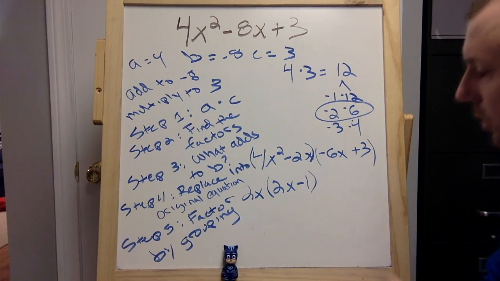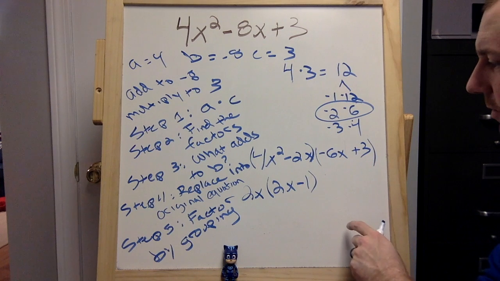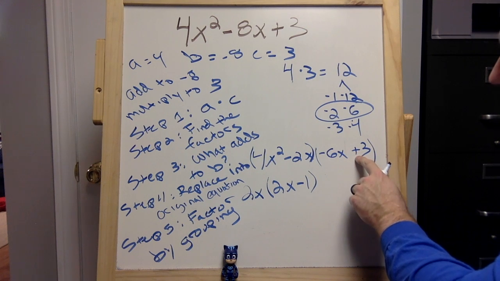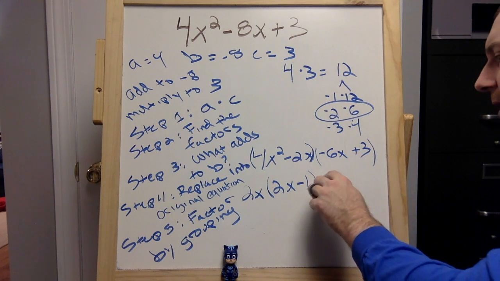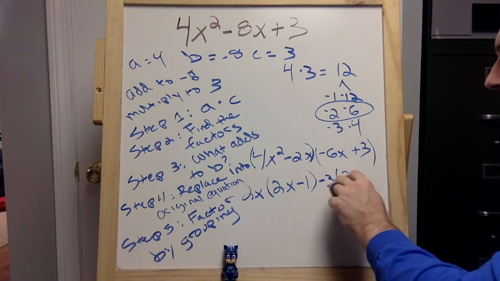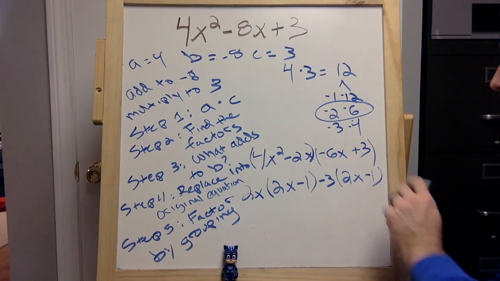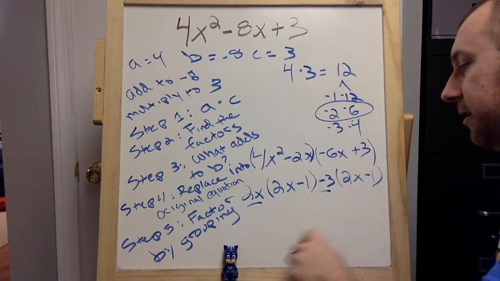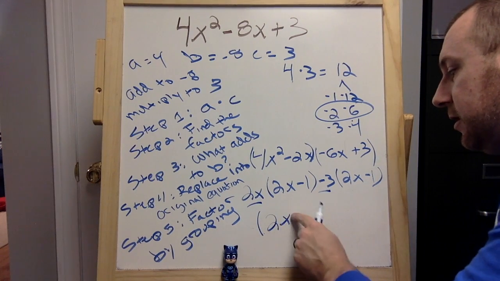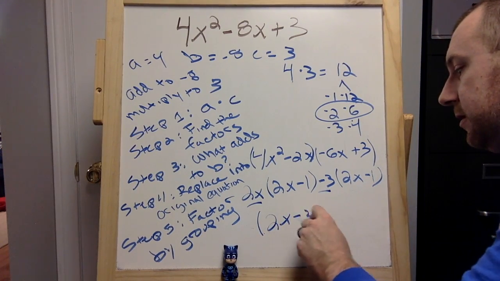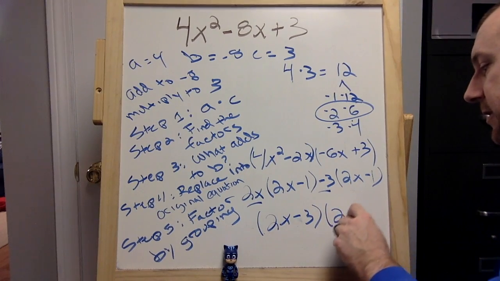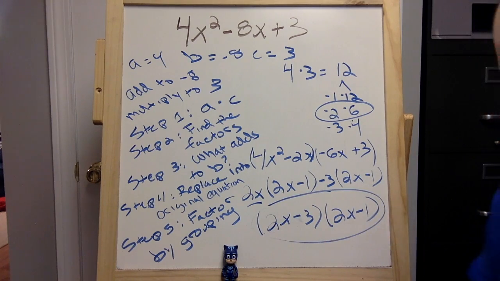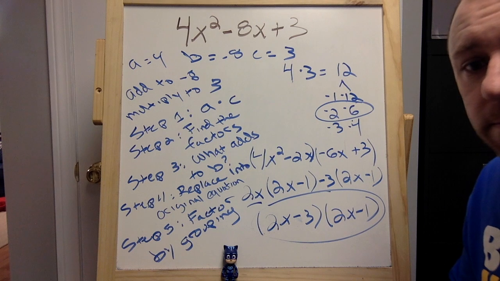All right, the common term here. If I take out a 3, this first thing is going to be negative, and this is going to be positive. So I'm going to take out a -3 so that those signs flip and these two parentheses match. Now I have my first and my second binomial, and that is my factored form of that quadratic.